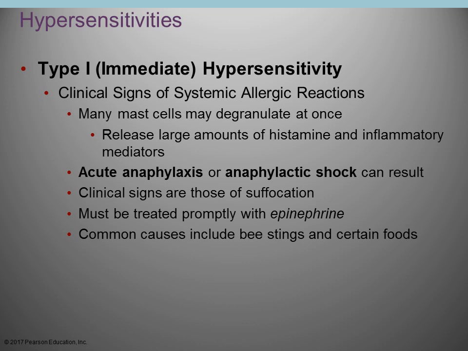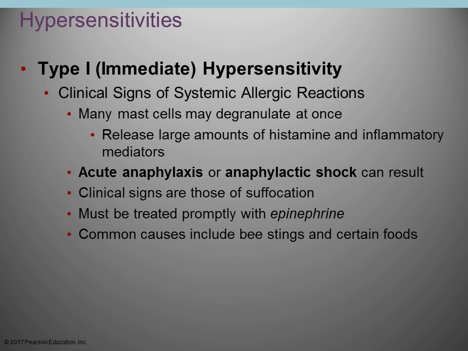If a lot of the mast cells start to degranulate or release these chemicals all at once, you're getting a huge release of histamine, a huge release of inflammatory chemicals that trigger that full inflammatory response. And this can lead to anaphylactic shock, which, if not treated in time, can be fatal.